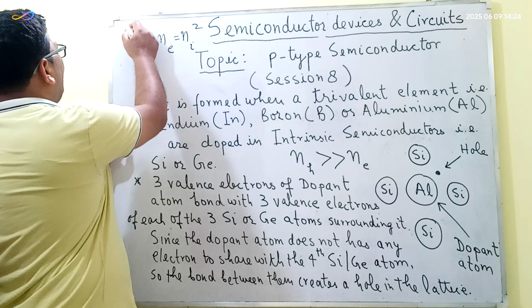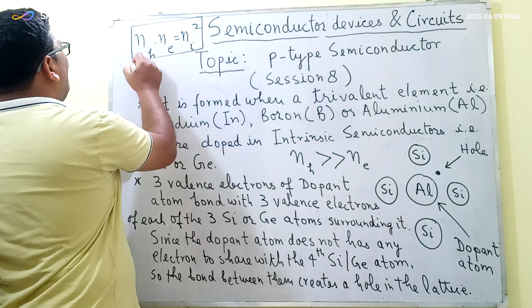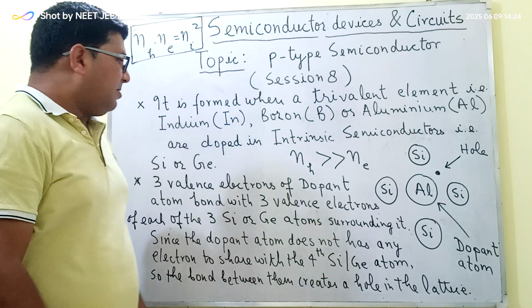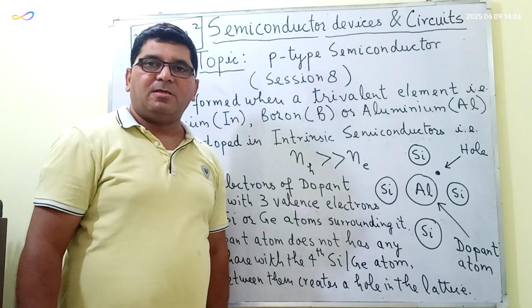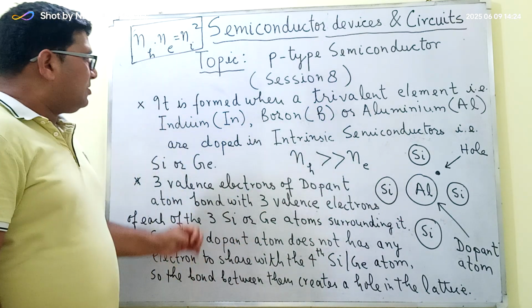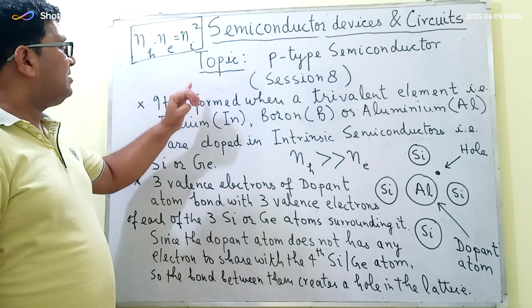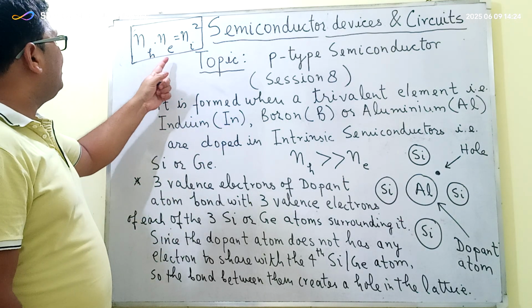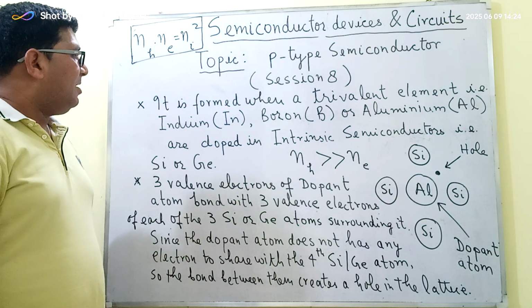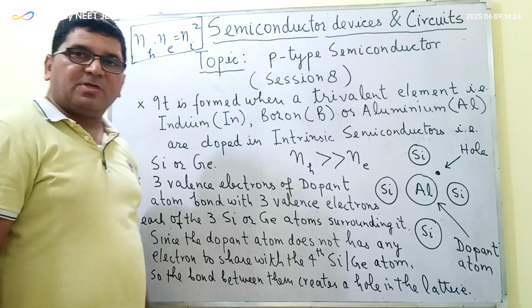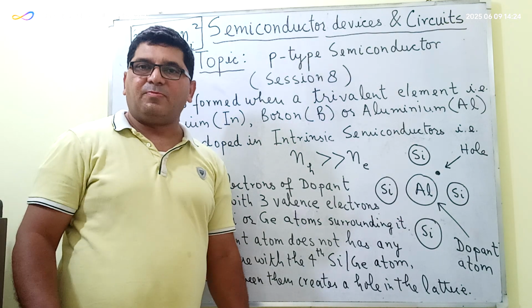So this is an important formula, and based on this formula we will be solving a few numerical problems in the coming few sessions. So in the next session I will be coming up with a question in which we will try to find the number of free electrons and the number of holes in an intrinsic semiconductor which has been doped with a certain impurity.